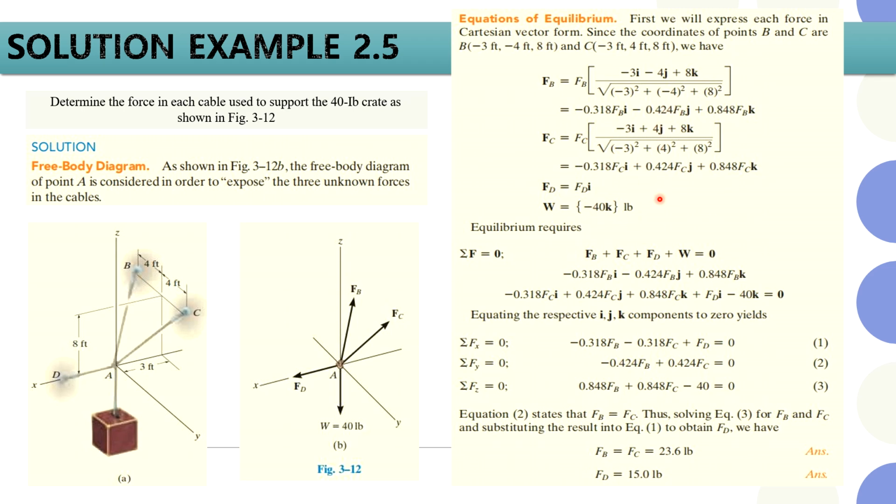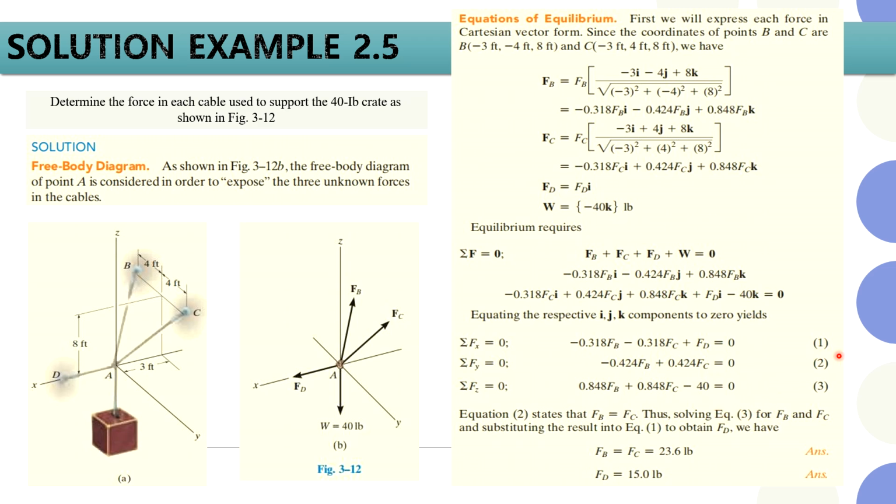equilibrium requires that their sum equals 0. So what you need to do is group all the vector form terms together. You need to group all the i terms together, all the j terms together, and all the k terms together, setting each group equal to 0, equal to 0, and equal to 0.